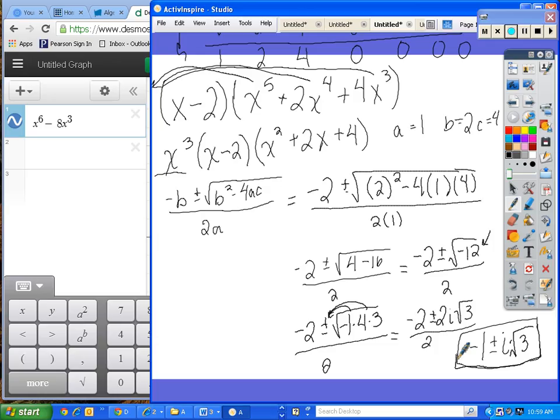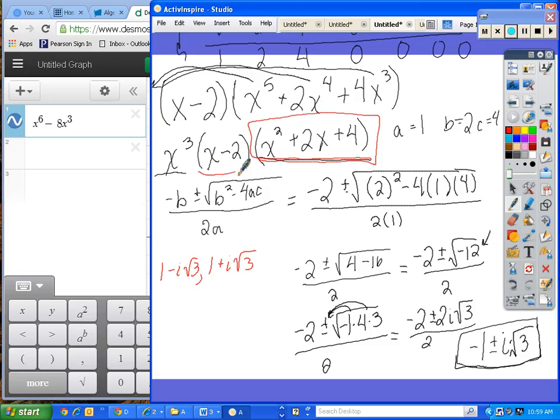For this quadratic, that's where we started our quadratic equation, we have 2 solutions. Those 2 solutions are negative 1 plus i square root of 3 and negative 1 minus i square root of 3.